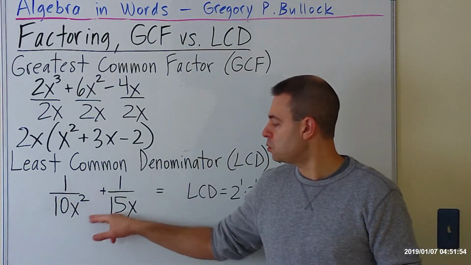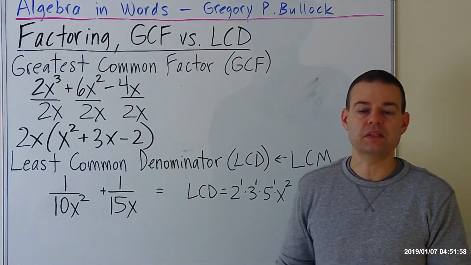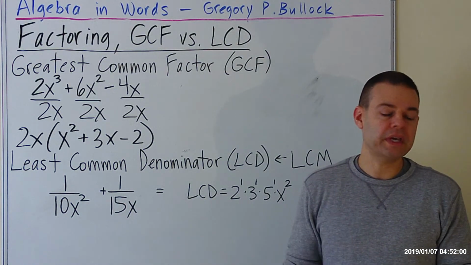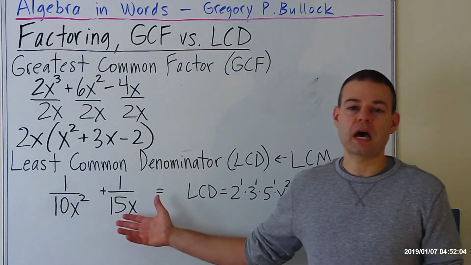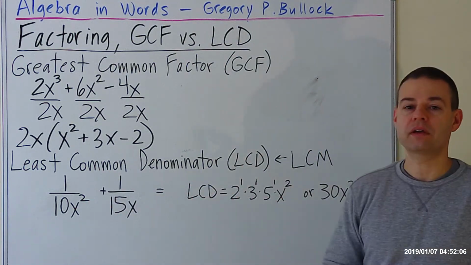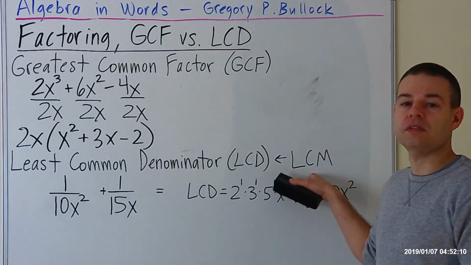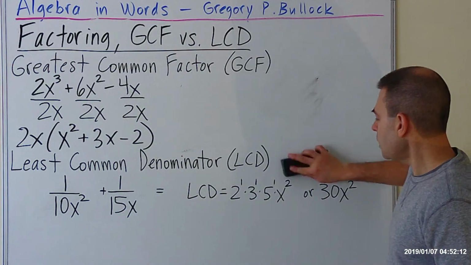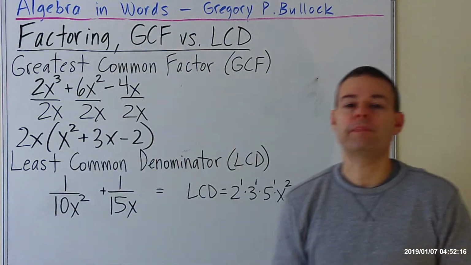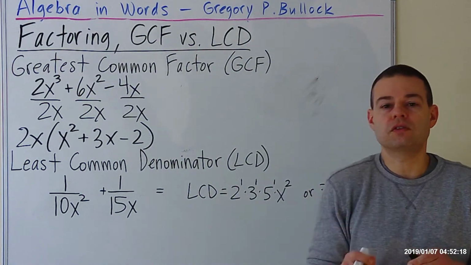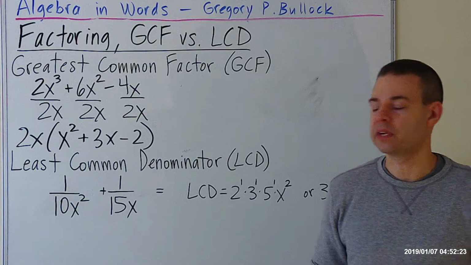They might give you two terms, say 10x squared and 15x, and ask what is the least common multiple. But truthfully, anytime you're learning least common multiple, it's really to learn it for denominators, least common denominator. So don't get confused if you see LCM. I'll teach you how to find LCM later in the video. But basically, it's to do with fractions, specifically least common denominators.